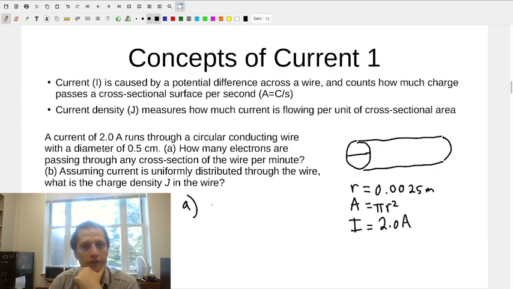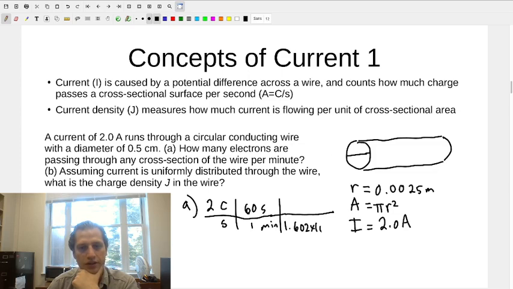And if we have 2 amps, you'll remember what we did here. We had amps is coulombs per second, and we had 60 seconds in 1 minute. And then we could convert from coulombs to electron charges by saying that 1.602 times 10 to the minus 19th coulombs is 1 electron charge.